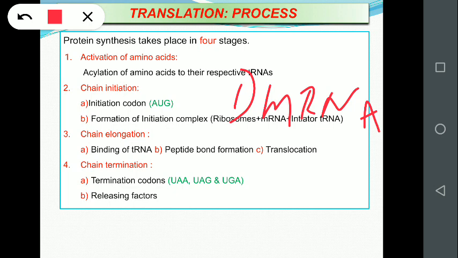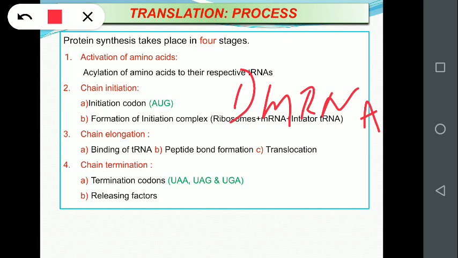It is synthesized from a gene by the transcription process, and during translation the information in the mRNA is decoded and converted into the amino acid sequence in the polypeptide chain. Definitely that information must be there to synthesize a particular polypeptide chain.